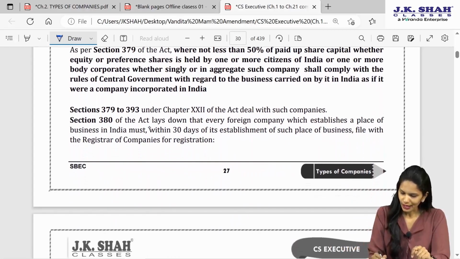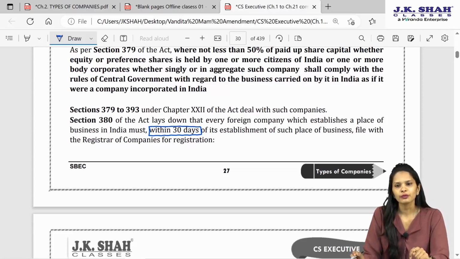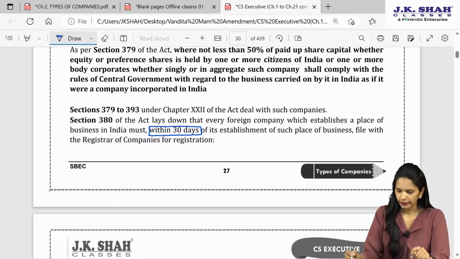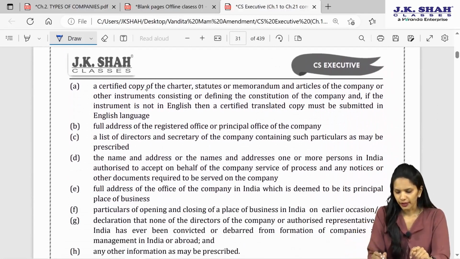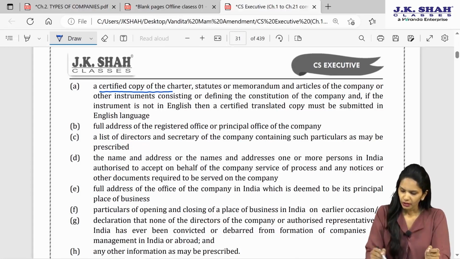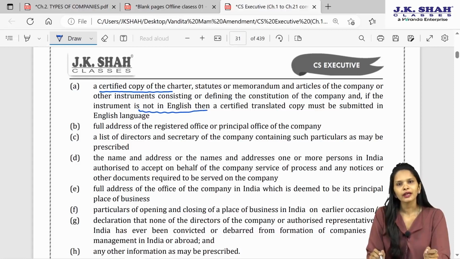These documents have to be filed first of all within 30 days of establishment of place of business in India. And what are the documents? First of all, they need to file a certified copy of charters like your memorandum and articles of association. Then if it is not in English, you have to submit a translated copy of that.